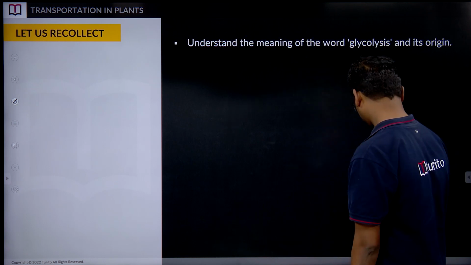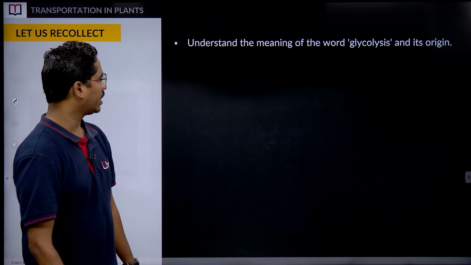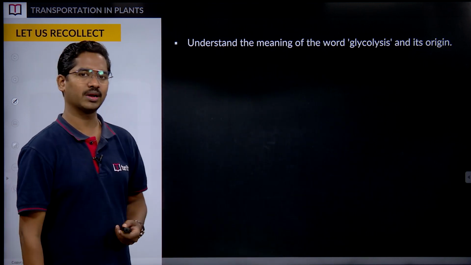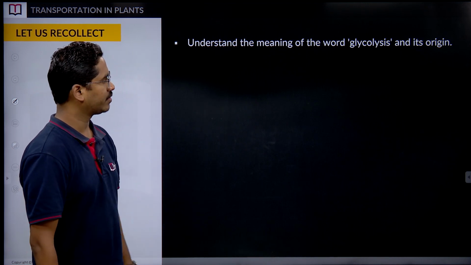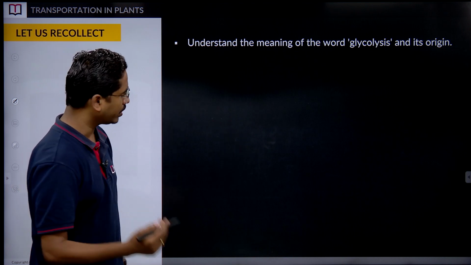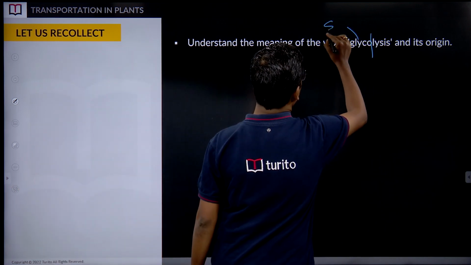Starting with the first point. In the previous session, we were having a detailed understanding of the meaning of the word glycolysis, right. We understood that glyco refers to sweet and lysis is something to do with splitting.